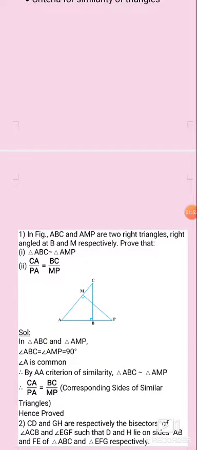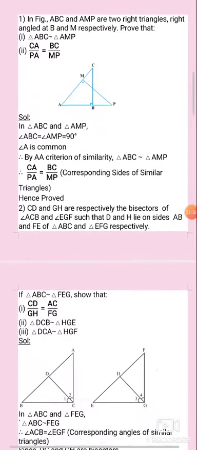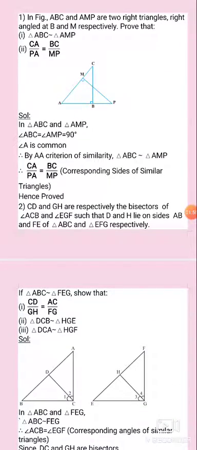Now the second question. CD and GH are respectively the bisectors of angle ACB and angle EGF such that D and H lie on sides AB and FE of triangle ABC and triangle EFG respectively.